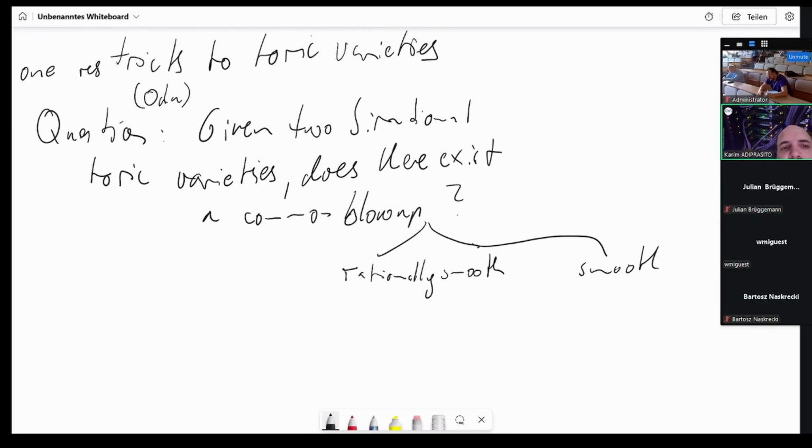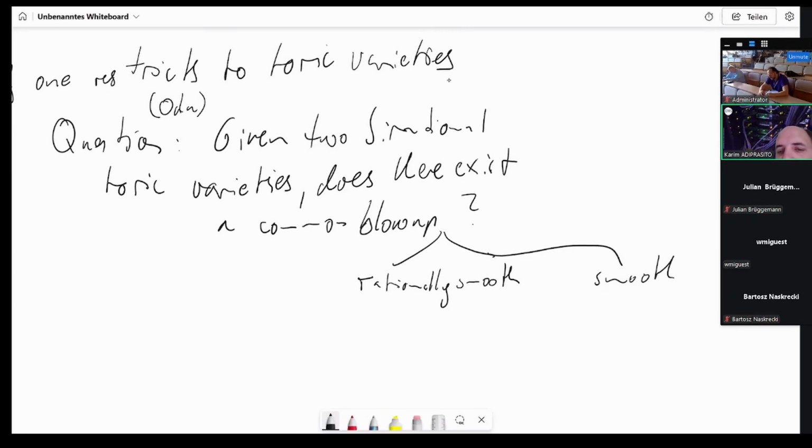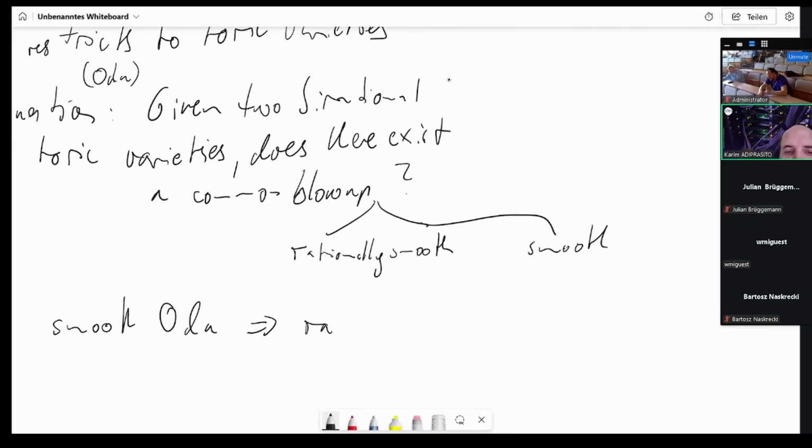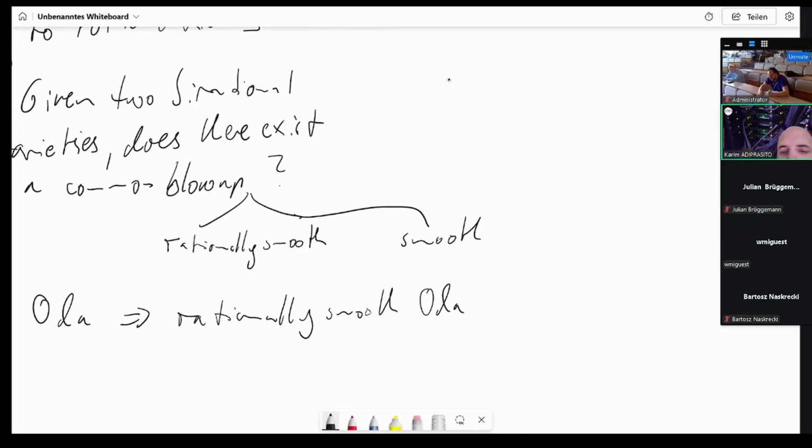I will not go much into the algebraic geometry world. Let me just say the following implications are true: the smooth Oda conjecture implies the rationally smooth Oda conjecture, which implies the Alexander conjecture.